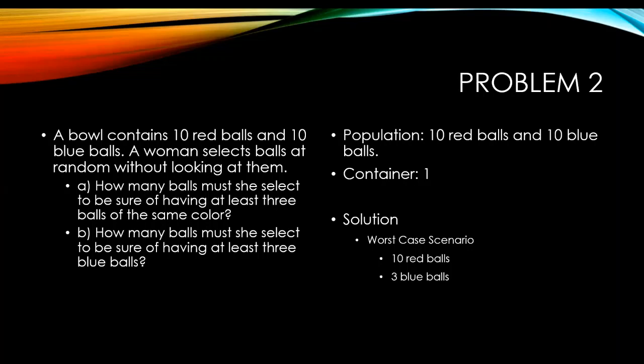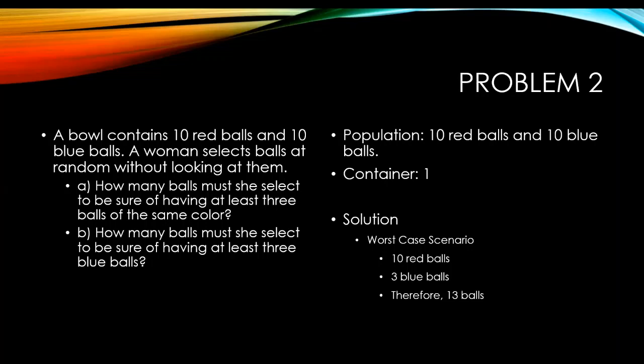So therefore, 10 plus 3, so 13 balls. So at least 13 balls we need to draw from the 20 balls to have 3 blue balls. So that's problem number 2.